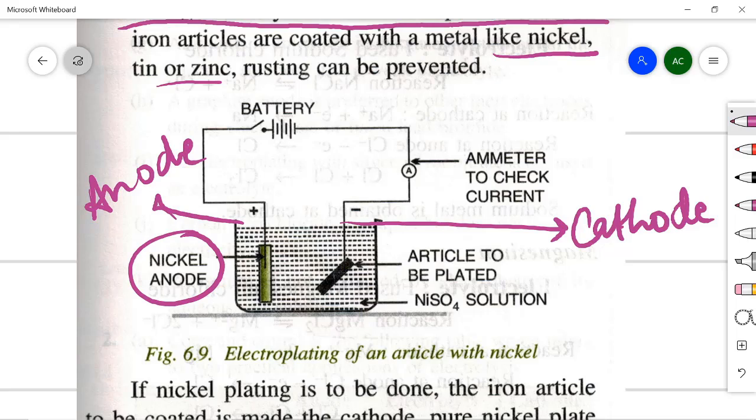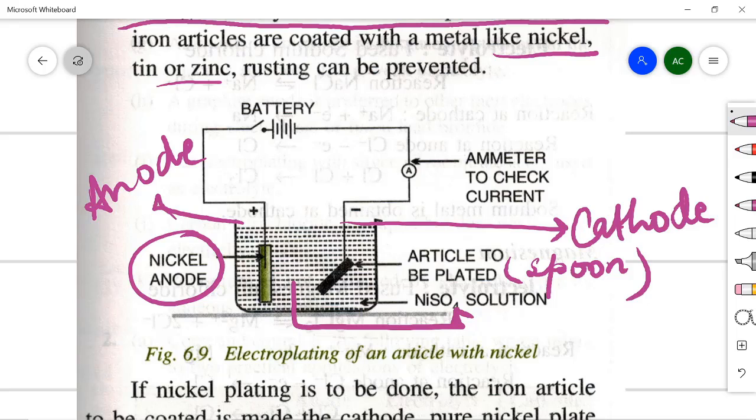And suppose the article to be plated is a spoon, which we have taken as the example in the video. The electrolyte must be the solution of the substance which has to be electroplated.